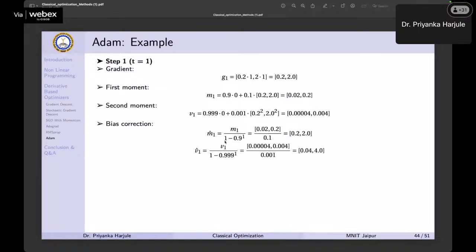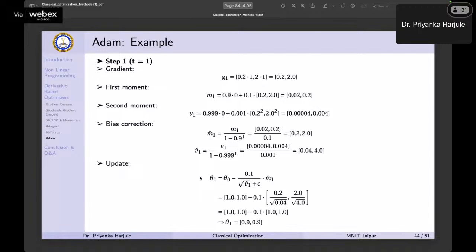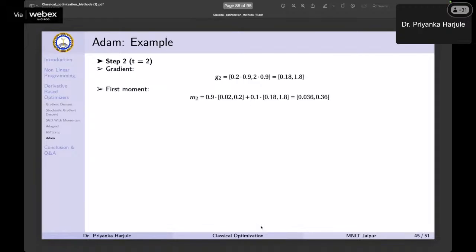We substitute these in the bias correction terms, and then we find the update using the final update rule with the bias corrected terms, and we get our next update as 0.9 and 0.9.